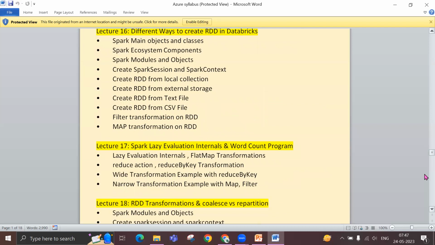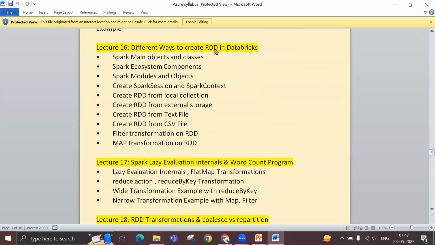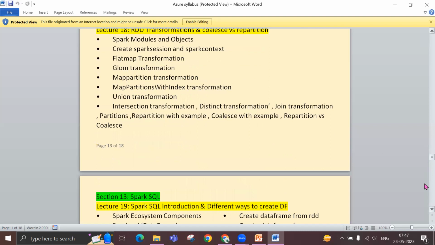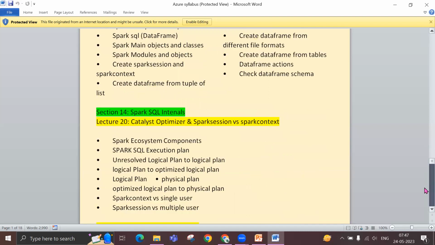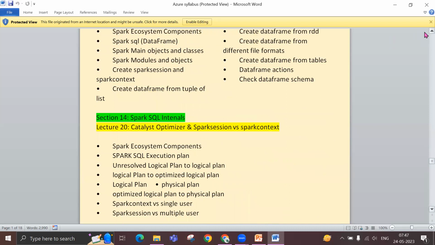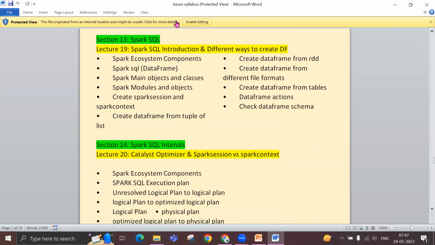Okay, and then one of the concepts of PySpark is creating the RDDs, right? What is RDD? How will it work? How it will evaluate internally, how it works and all, we will discuss. Okay, and some of the transformations using the RDD, and then we are also going to use Spark SQL, right?